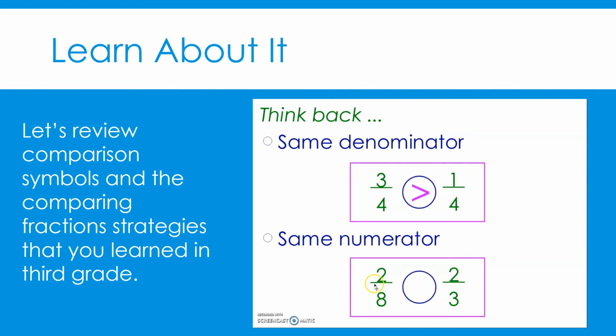Eighths are smaller than thirds. Because you need more eighths to fill the whole than thirds, each part must be smaller. Therefore, you are counting 2 smaller parts with 2/8 and 2 larger parts with 2/3. We can use the less than symbol to show that 2/8 is less than 2/3.